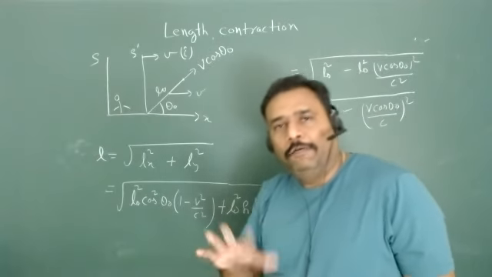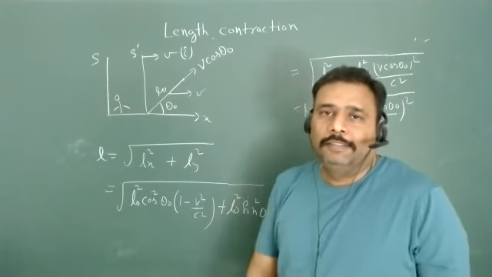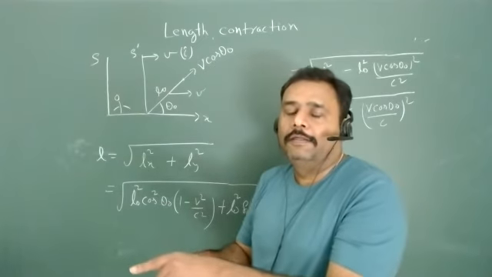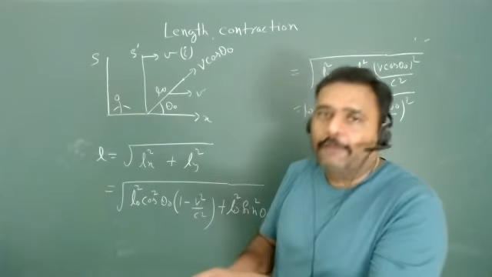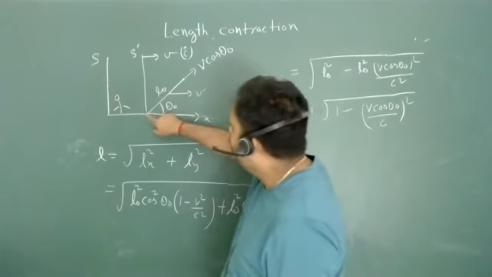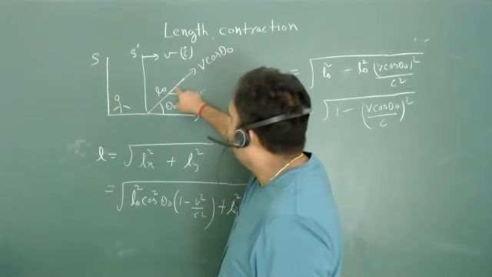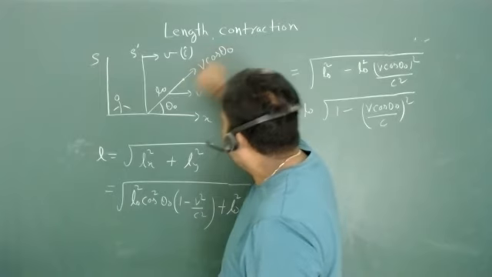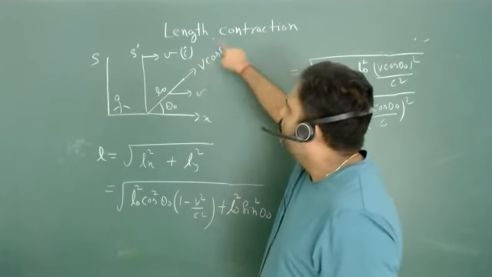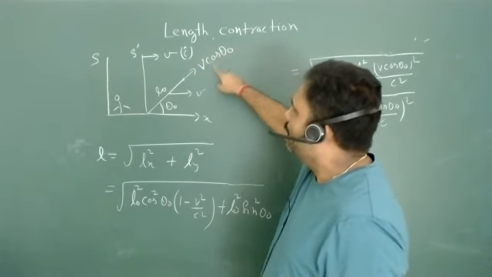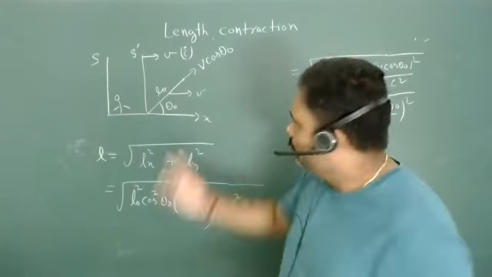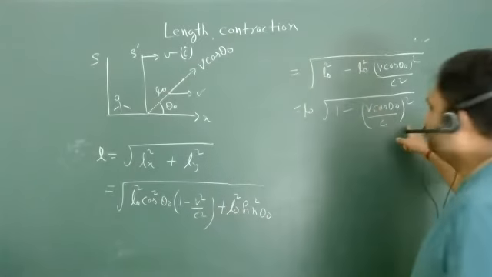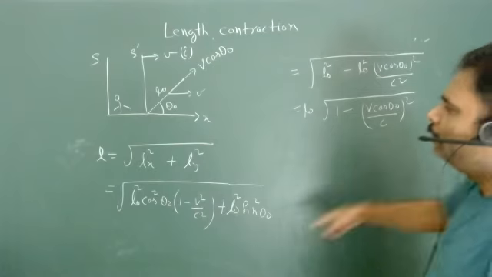So that is why I always use the words relative speed between the length of the rod and the observer, and that will be nothing but v cos theta along the length. If we are smart enough, we can directly take the component and write this equation without doing all these things.